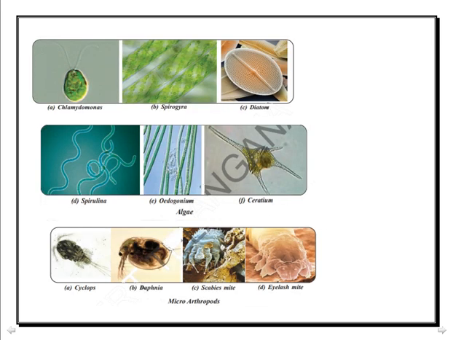Next, algae. What are algae? Chlamydomonas, Spirogyra, diatom, spirulina, oedogonium, ceratium, etc. We often observe greenish pond water in our surroundings.